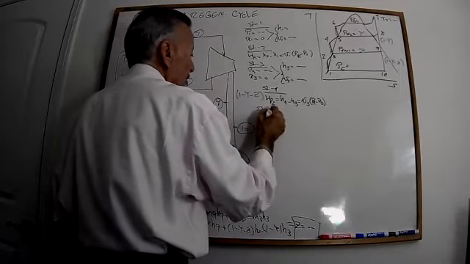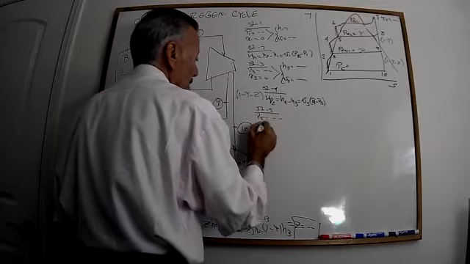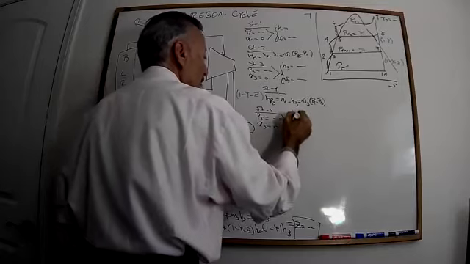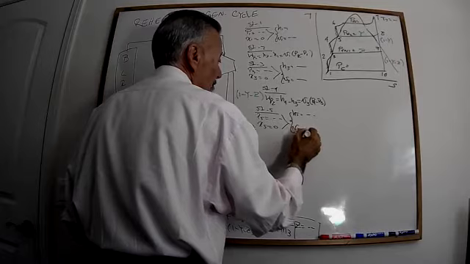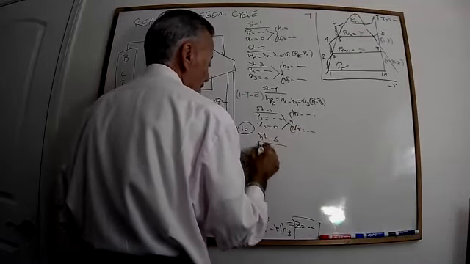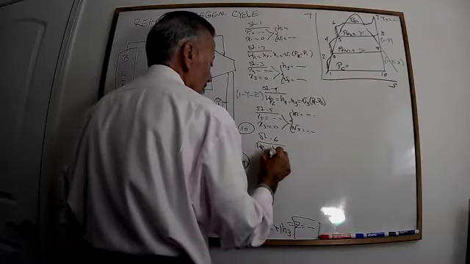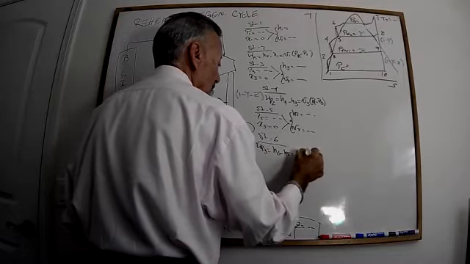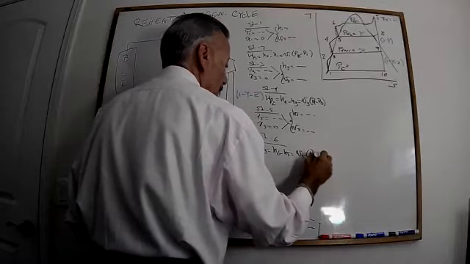State 5, you have P5 and X5 being equal to 0. Again, you find H5 and V5. At state 6, you have work of pump 3, which is H6 minus H5, or V5 times P6 minus P5.